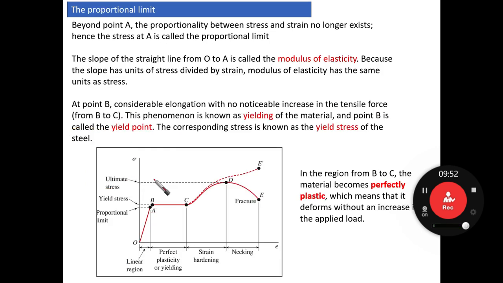At point B, there is considerable elongation with no noticeable increase in the tensile force from B to C. Starting at point B, there is a considerable elongation, as you can see here. The red line is almost flat and horizontal.